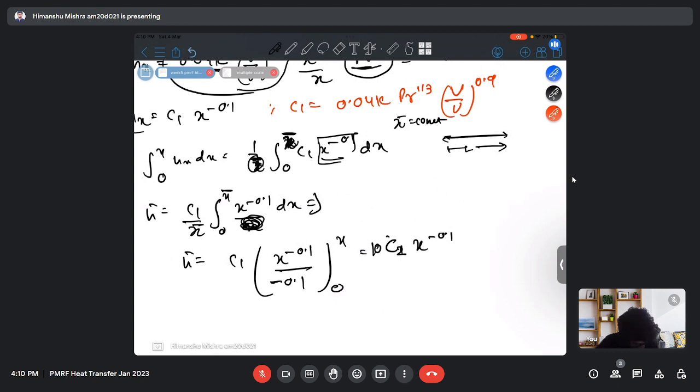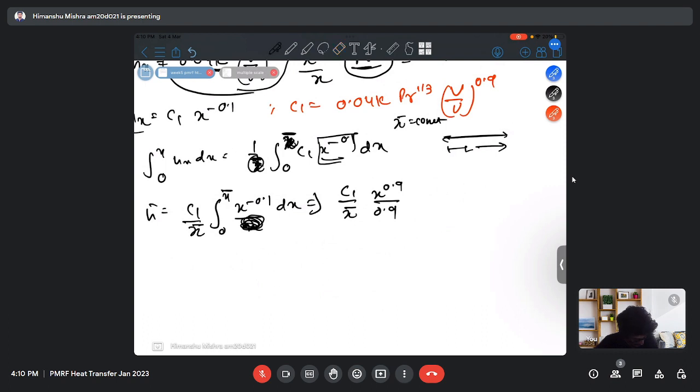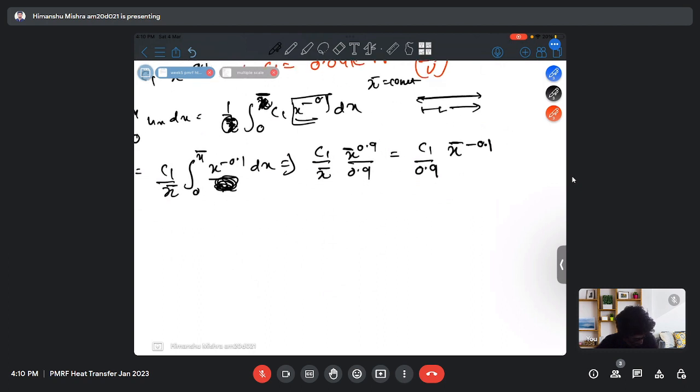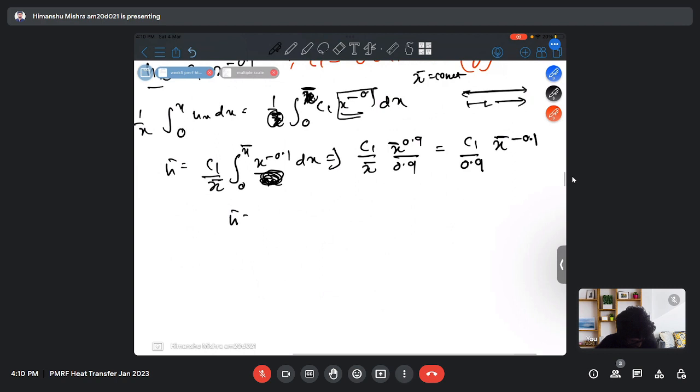So if I integrate it, I will get C1 times x^0.9 over 0.9, with x bar outside. If I include the limit, it will be x bar to the power 0.1 times C1 over 0.9, which I can write as 1.1 C1.